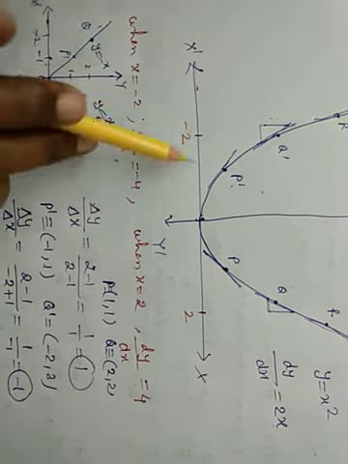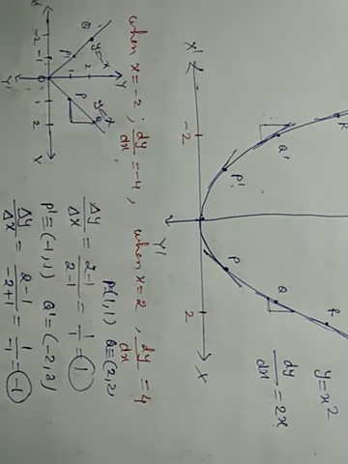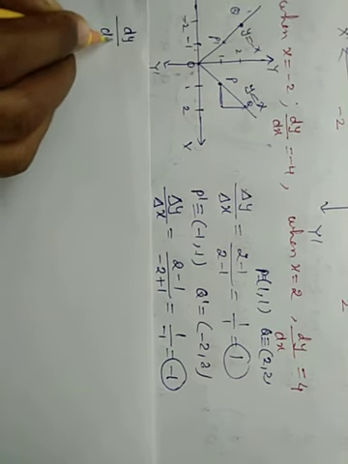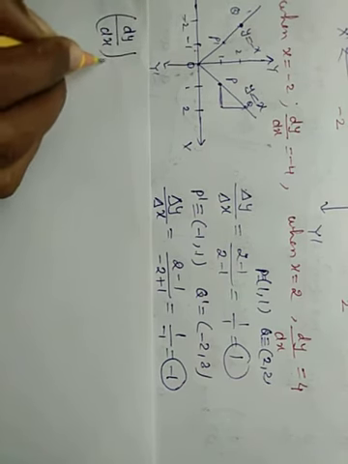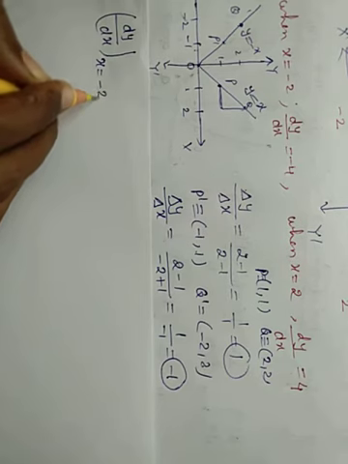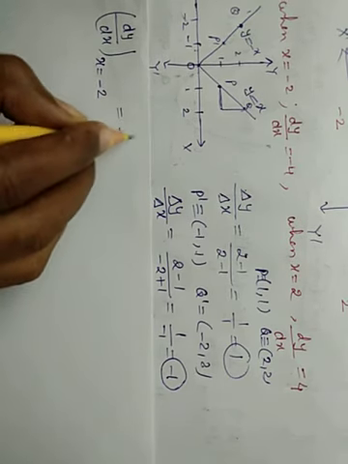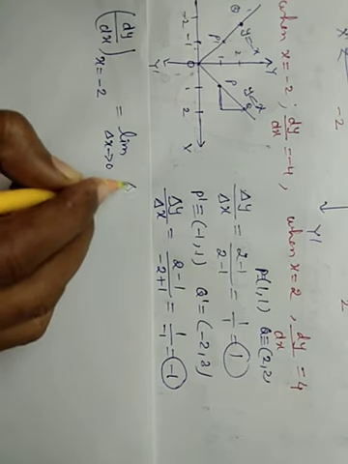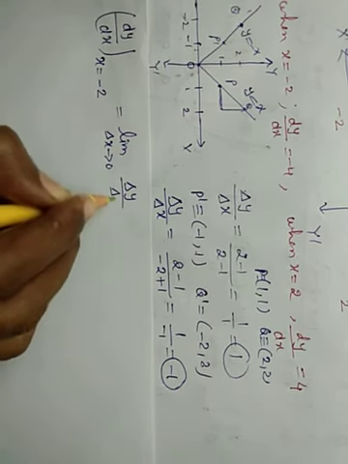Similarly, if you put values over here, you will get the answer. I can say dy by dx when x equals minus 2 is the limit delta x tends to 0, delta y by delta x.